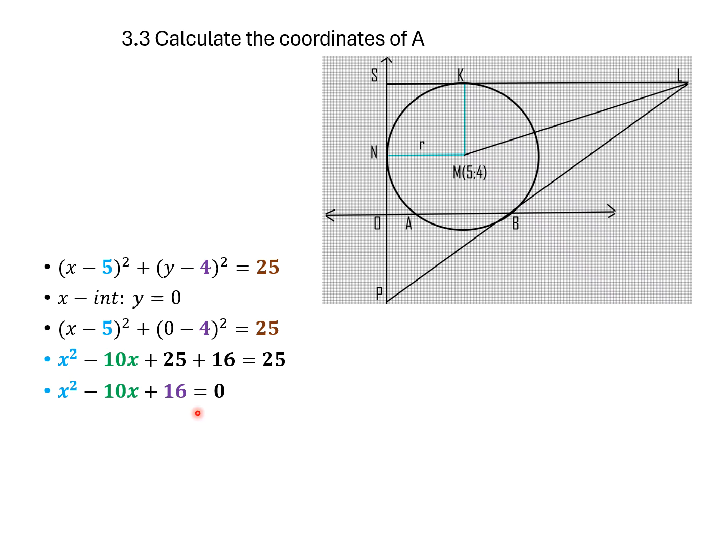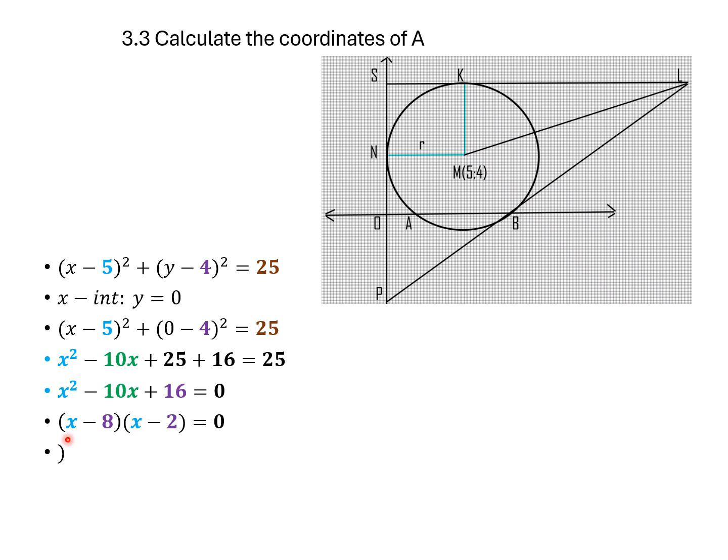Factorize: I need the factors of 16 that give me 10. 8 times 2 gives me 16, and 8 plus 2 gives me 10. So (x minus 8)(x minus 2). Negative 8x minus 2x gives minus 10x, and negative 8 times negative 2 gives positive 16.